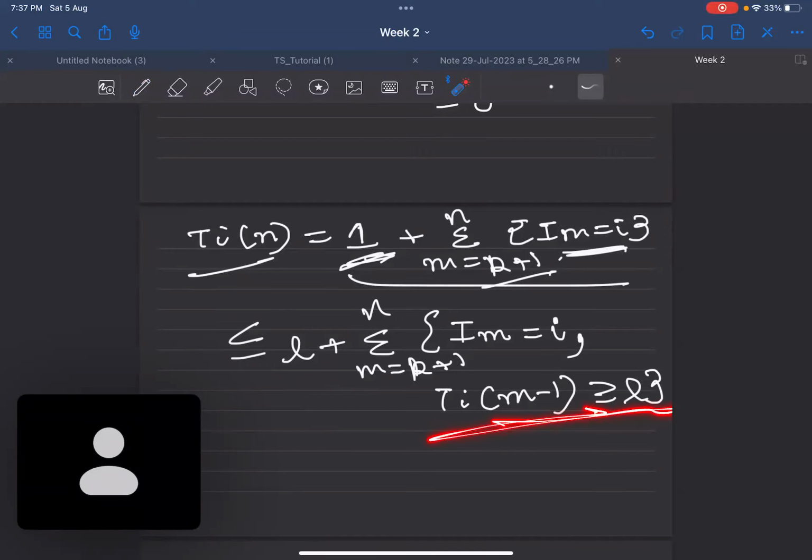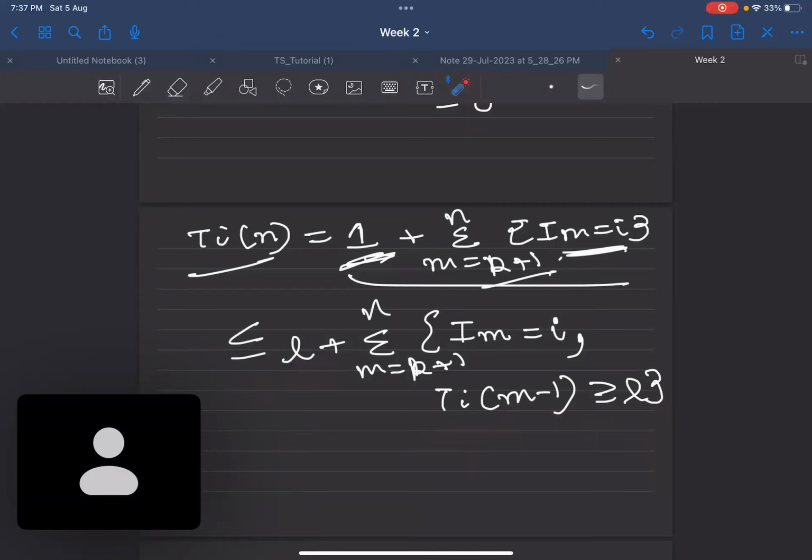Yes, ma'am. So till time m minus 1, if the number of times I have taken the action I is greater than or equal to L, then only I will count that, because I have already added L. Our assumption is we have taken the action I for L times.